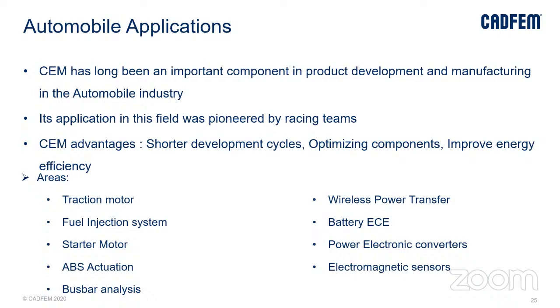So this is generally what sort of areas we cover. It can be traction motors or fuel injection systems, starter motors or the actuation system required for ABS braking, bus bar analysis near electronic components, and wireless power transfer, which is a booming concept in the automotive sector.